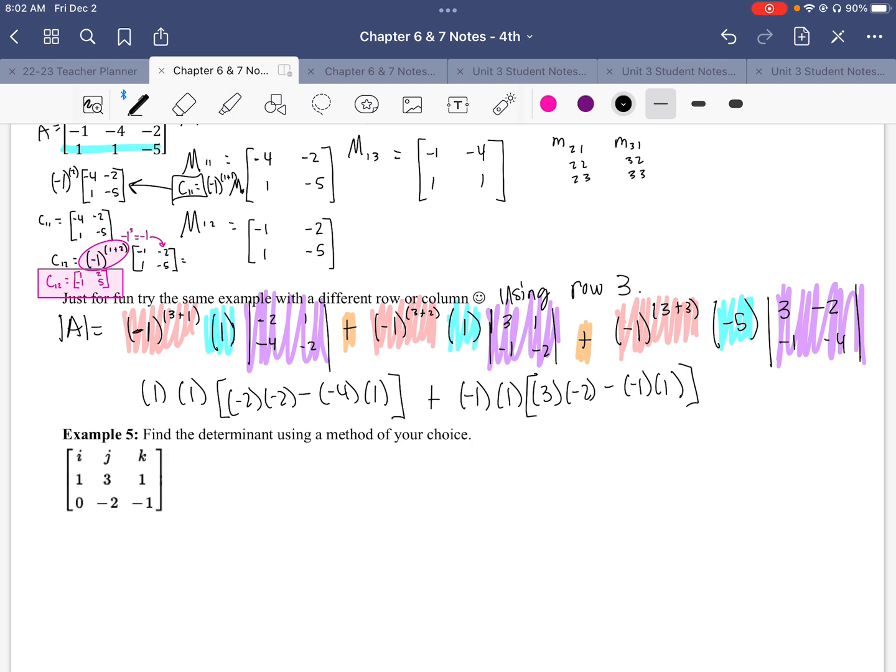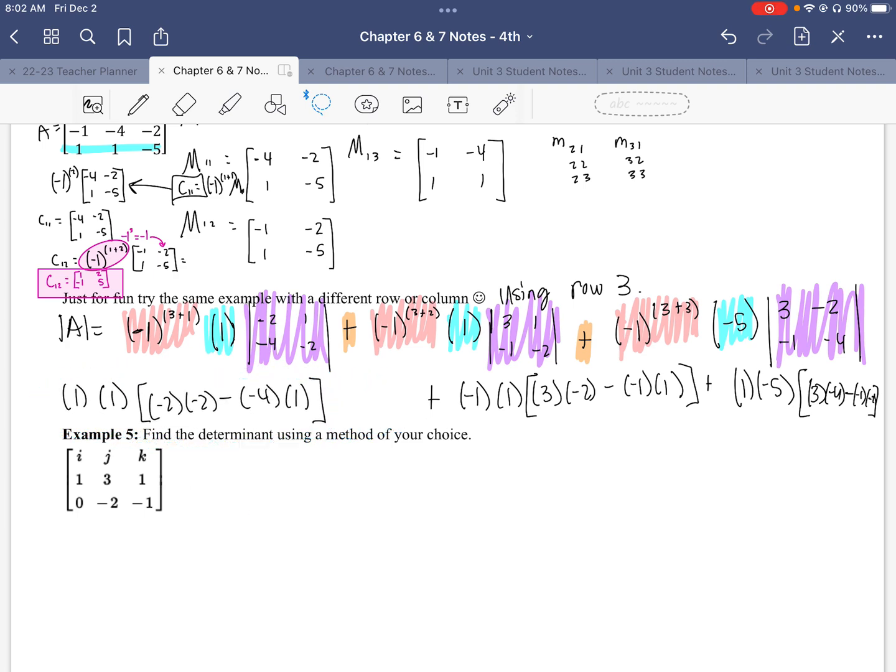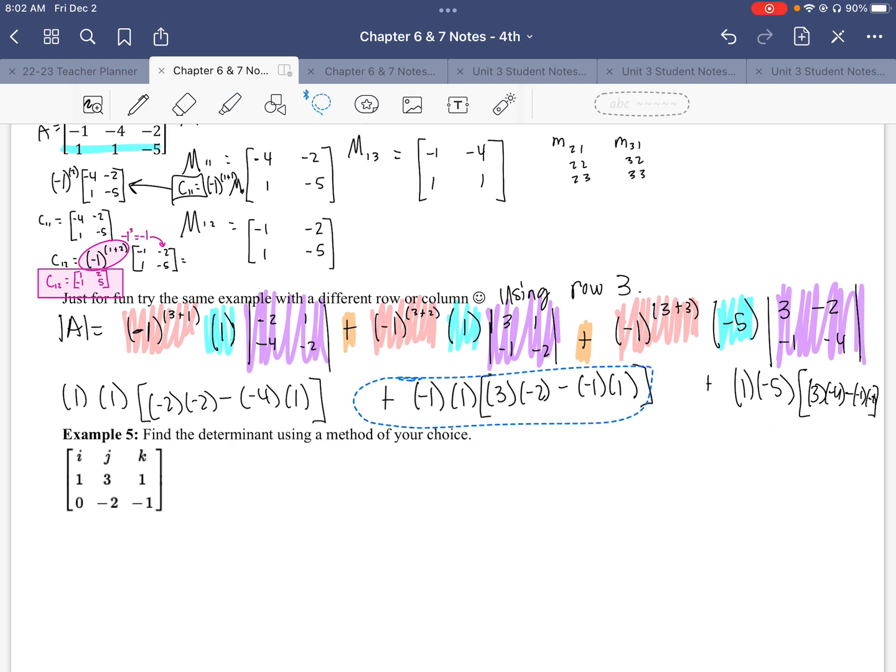So we do that. This one becomes a +1, a -5, and then it's going to be 3 times -4 minus -1 times -2. Sorry, I'm getting really squished here. I'm going to slide everything over. So here's all of this.